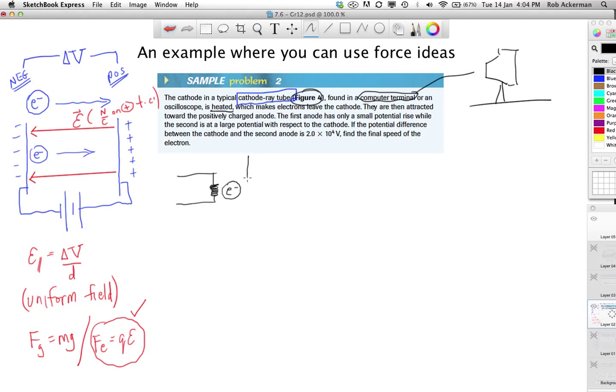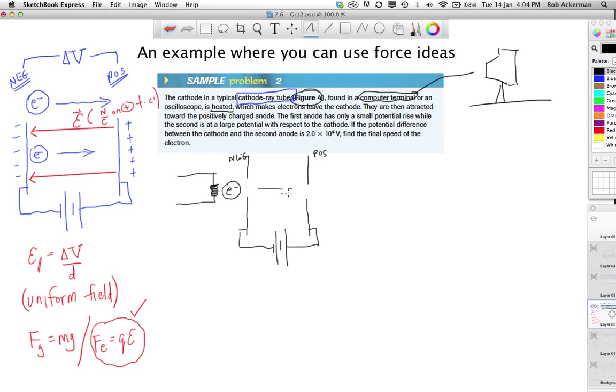So what you do next is you have, let's say, a set of parallel plates that looks like this, and you charge these up so that one side is negative and the other side is positive. You cut a little hole in here so that the electrons can drift in, and when they do, they get accelerated from the negative side to the positive side.